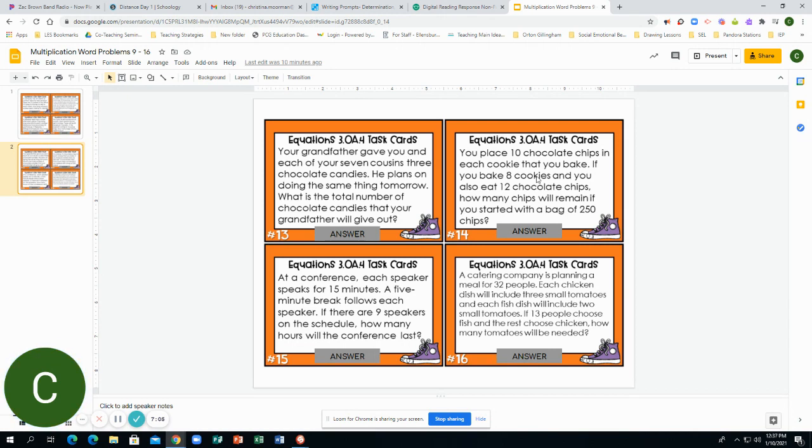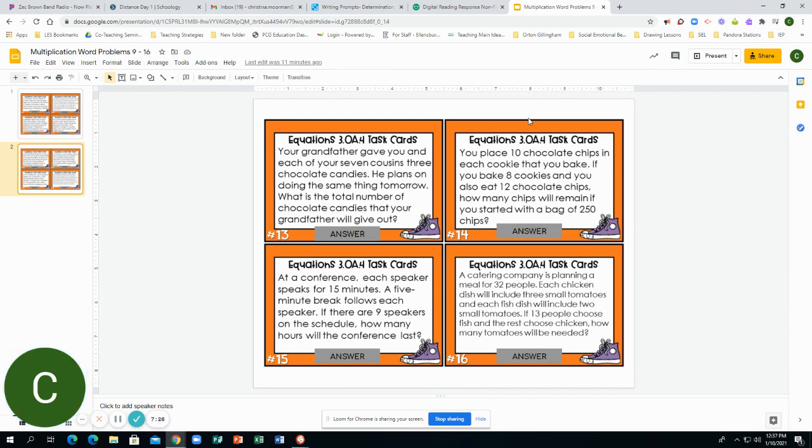Oh man, 10 chocolate chips on each cookie. And you made 8 cookies. So each of those 8 cookies have 10 chocolate chips. How many chocolate chips did you use on those? Pause and solve. If you said 80, you're right.